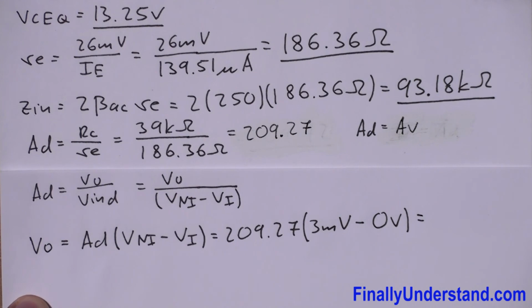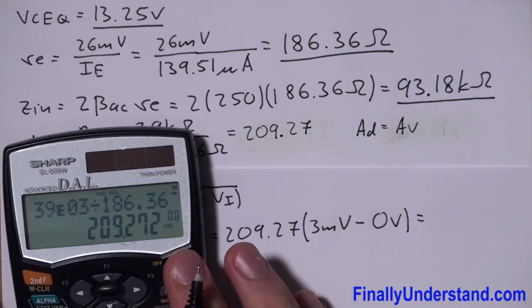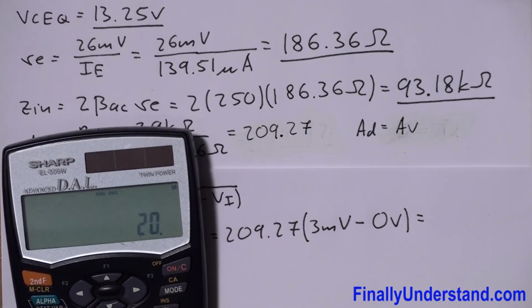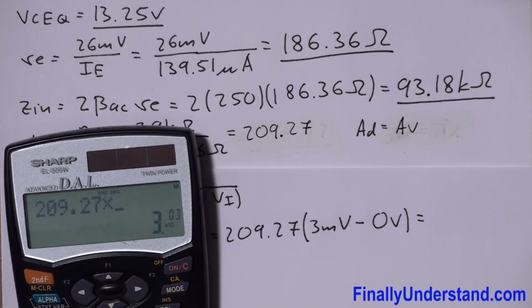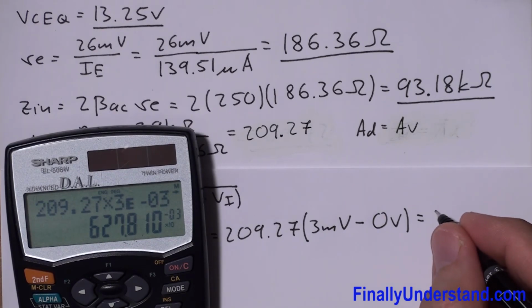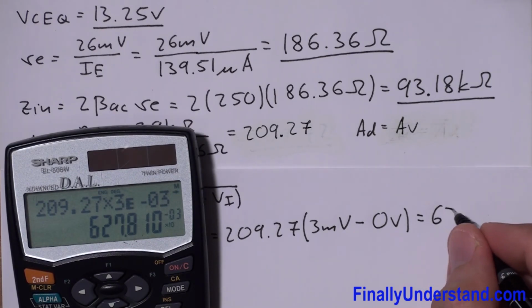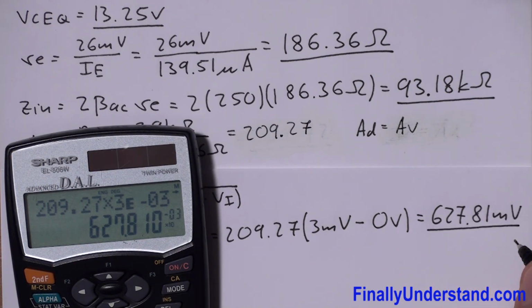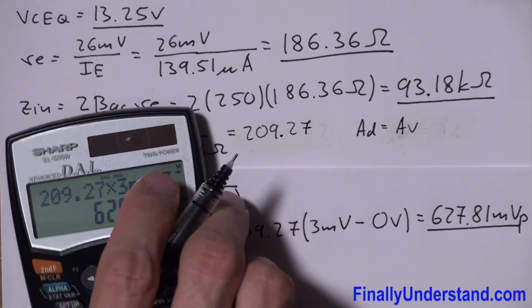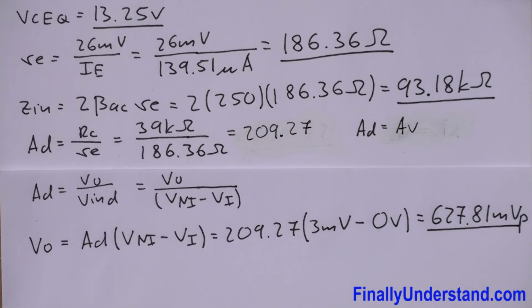So we have 209.27 times 3 exponent 3 negative. This is equal to 627.81 millivolts. Okay, and this is my output voltage. Of course, this is peak because we applied peak voltage to the non-inverting input. So at this moment we can say that the problem is solved.